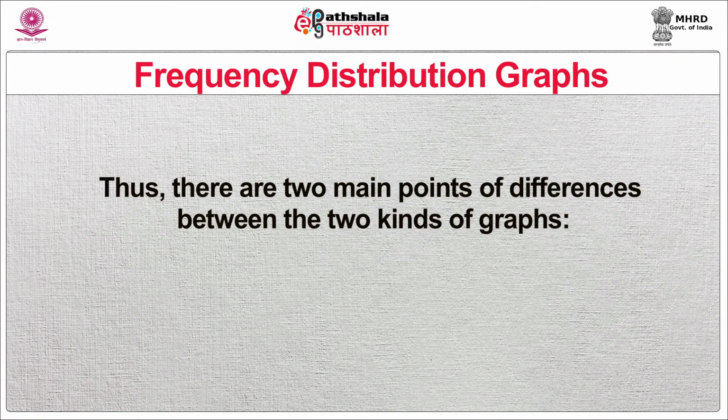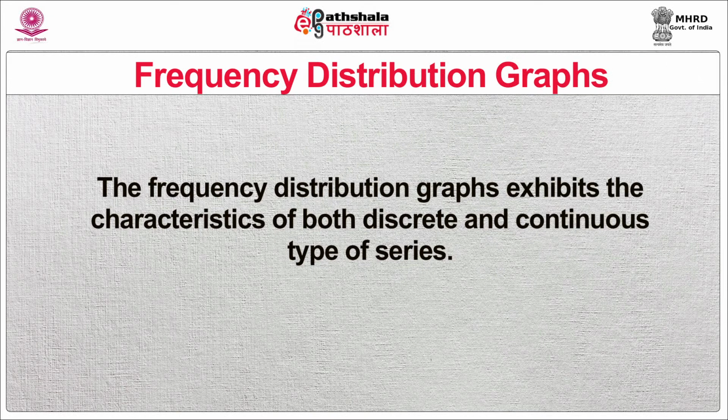Thus, there are two main points of difference between the two kinds of graphs: the data to which each is applied and the way it is drawn, that is, the spaces between the bars. The frequency distribution graphs exhibit the characteristics of both discrete and continuous types of series.